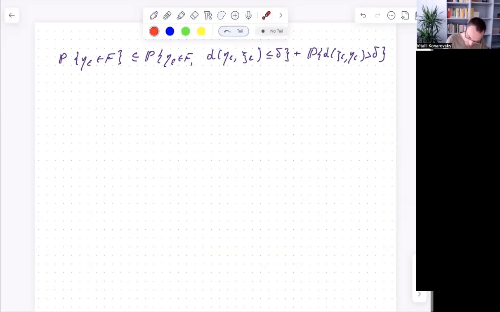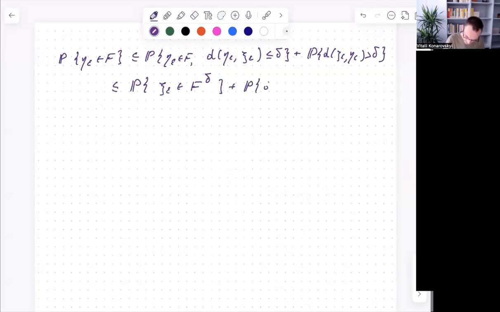We do that because the distance between them is not larger than delta, so if eta epsilon belongs to F, this implies that psi epsilon must belong to the closed delta neighborhood of F. We can estimate this by the probability that psi epsilon belongs to F delta, plus the probability that the distance between psi epsilon and eta epsilon is larger than delta.